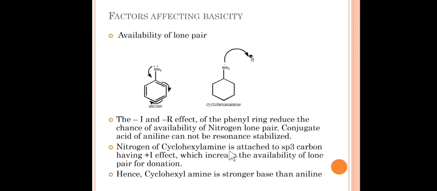So if we consider aniline and cyclohexylamine, cyclohexylamine will be the stronger base because of the higher availability of the lone pair on the nitrogen. This is how the availability of the lone pair affects the basicity of the bases.